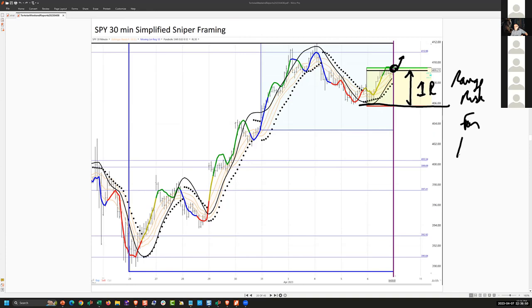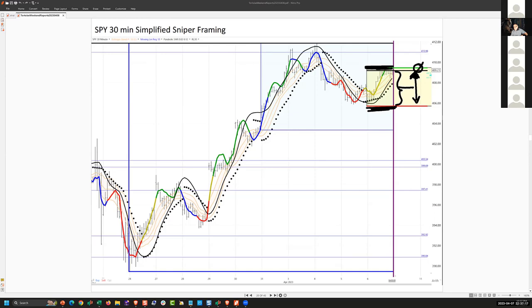Now, in general, the way I think about this is that this is the high as the bulls could push it, and that was as low as the bears could push it. So this is where the tug of war happened today. If it opens inside the yellow zone, I have no change in the strength of the bulls and bears until the bulls can push it higher than they pushed it yesterday.